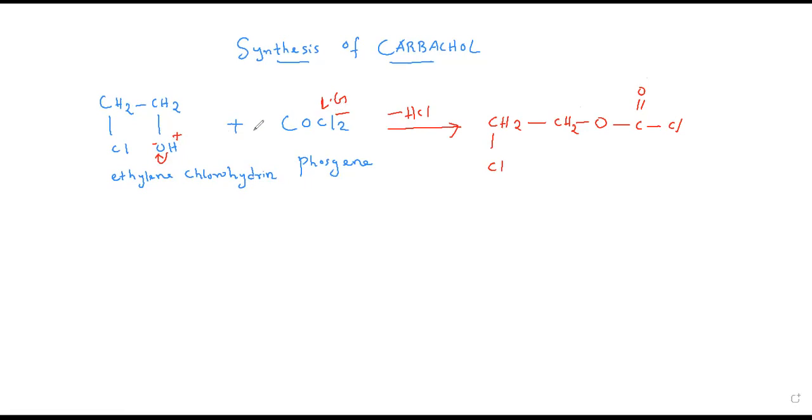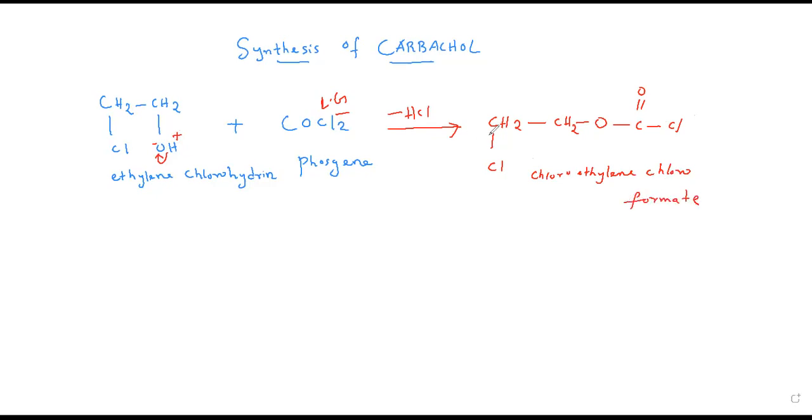One chlorine atom has already combined with the hydrogen atom to liberate HCl, so the other chlorine atom is left over, which I have written here. This compound you can call chloroethylene chloroformate.